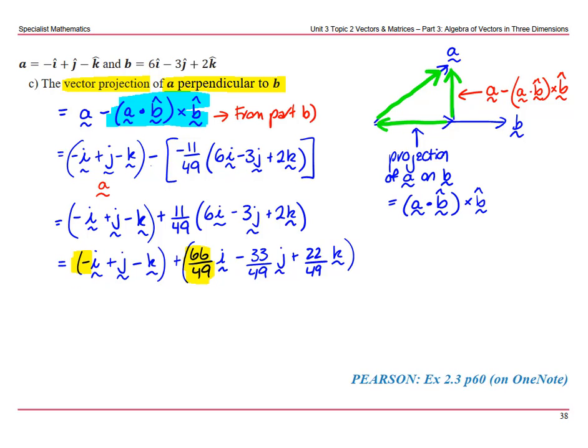So for our i component, we have negative 1 plus 66 over 49. Our j component, 1 minus 33 over 49. And for our k component, negative 1 plus 22 over 49.